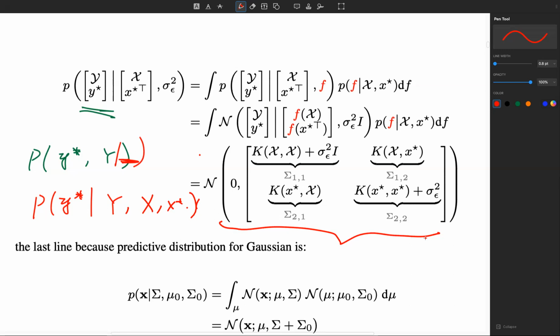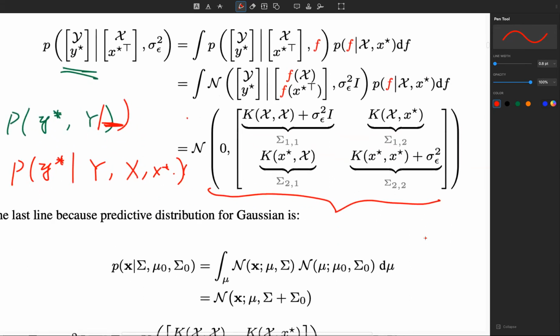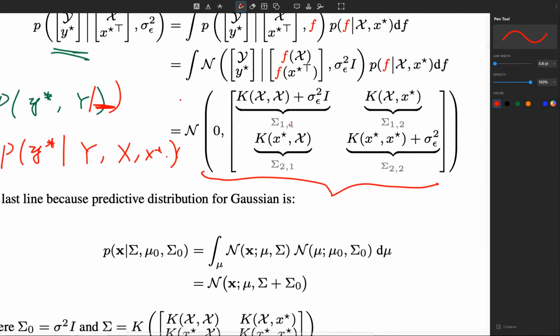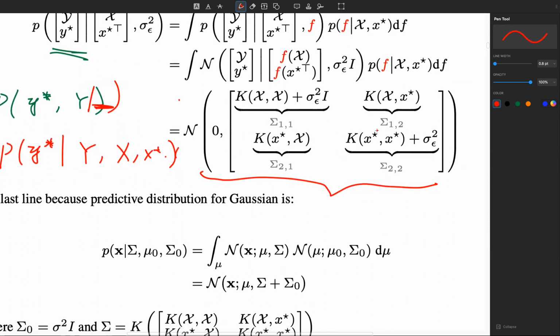Well, you can look up Wikipedia, and Wikipedia will tell you, for a joint multivariate Gaussian distribution, what the corresponding conditional density is.